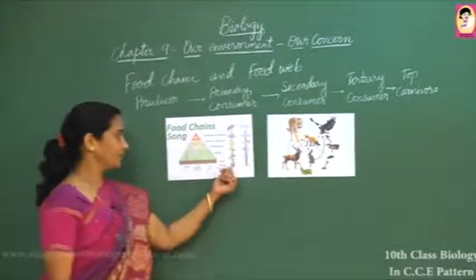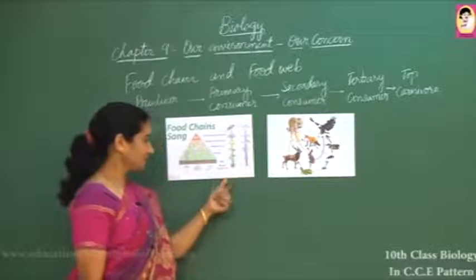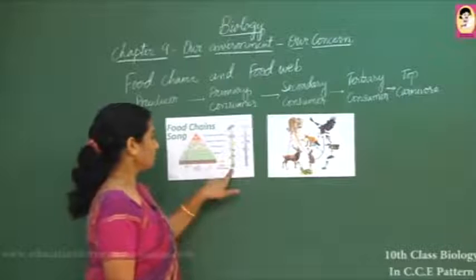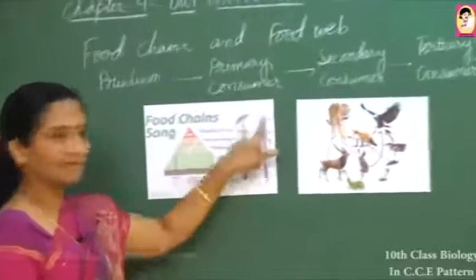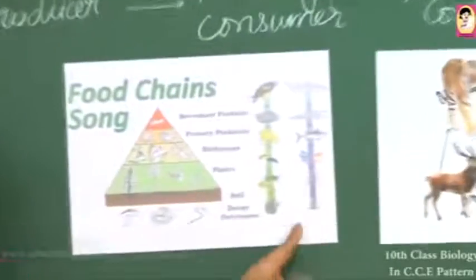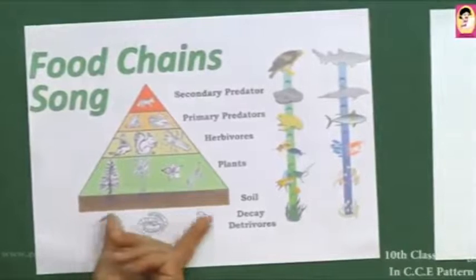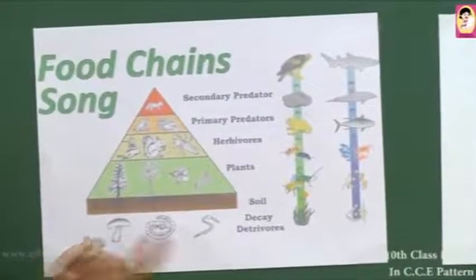Now let us have a look at the terrestrial and aquatic food chains. Here you can see the terrestrial food chain, and here you can find the aquatic food chain. In the soil we can see decomposers, usually mushrooms or fungus, and bacteria.